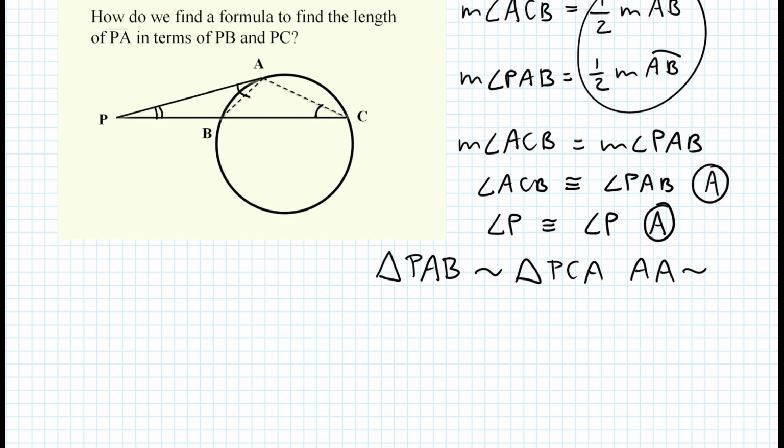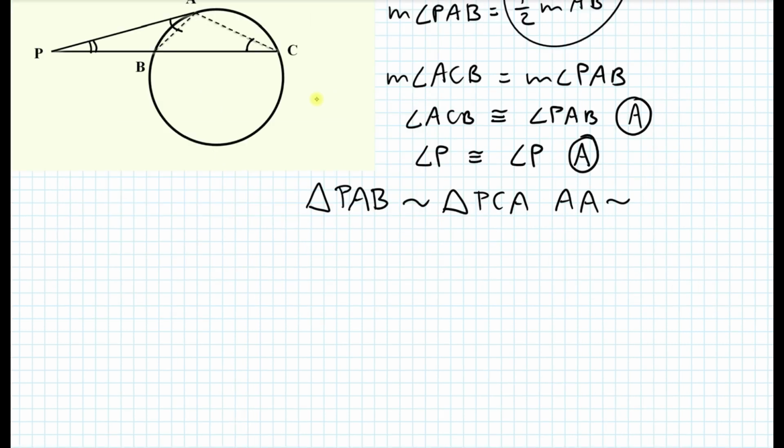And the proportion has to involve segments PA, PB, and PC. Basically, if you look at segment PB over the corresponding side, this is PB, the corresponding segment is PA.